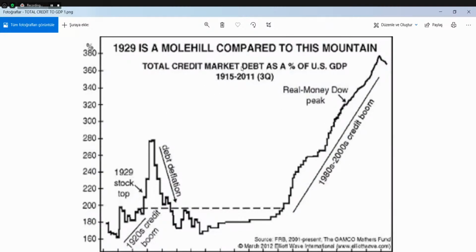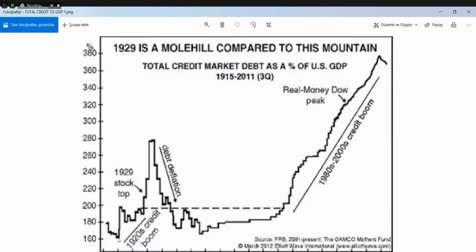It's total credit market debt as a percentage of US GDP. We had a bigger pandemic, more lethal, which killed 50 million people around the world in 1918 and 1920.